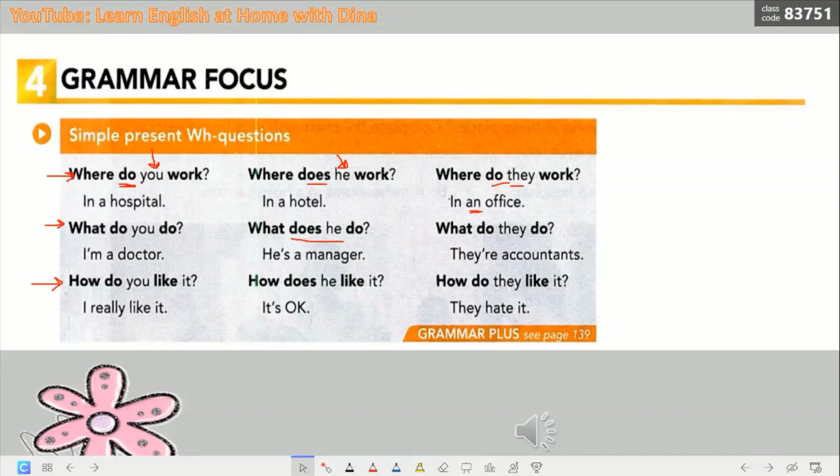Where do you work? In a hospital. What do you do? I'm a doctor. How do you like it? I really like it. Where does he work? In a hotel. What does he do?